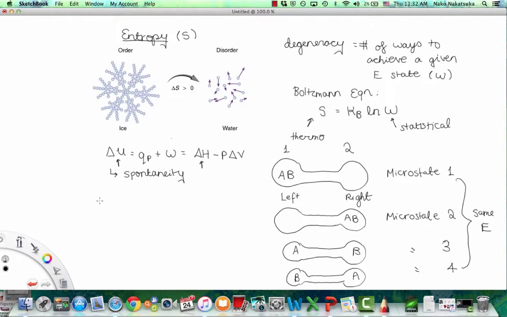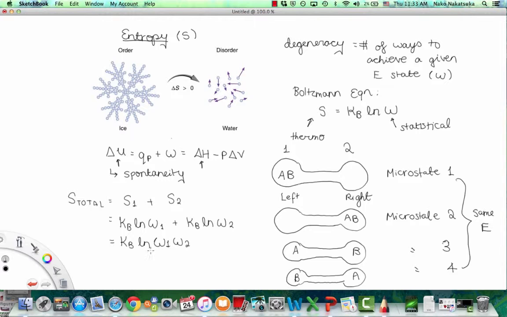So like enthalpy and internal energy, entropy is an extensive property. And so what that means is that the total entropy can be written as S1 plus S2. And then if we rewrite this in terms of the Boltzmann equation, we can get KB ln W1 plus KB ln W2. And since these are both natural logs, we can combine them by putting KB as the constant and then doing the natural log of W1 multiplied by W2.